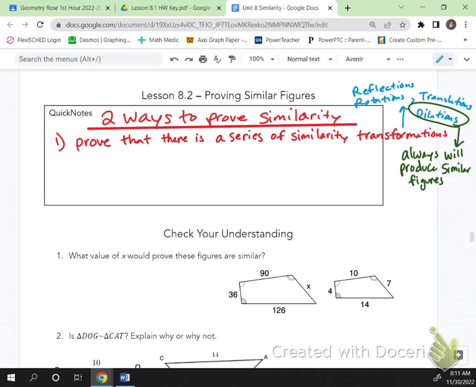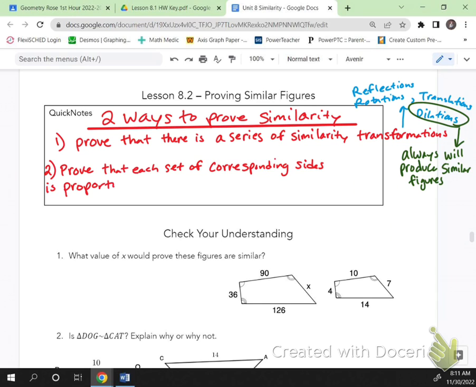Method 2, which we're going to practice in the check for understanding together. Method 2 is you need to prove each set of corresponding sides is proportional. That's a word we used yesterday. And that the corresponding angles are congruent. So we need to prove that each set of corresponding sides is proportional.